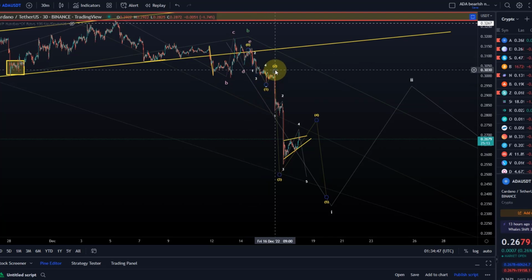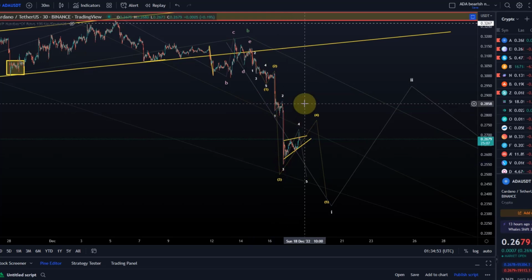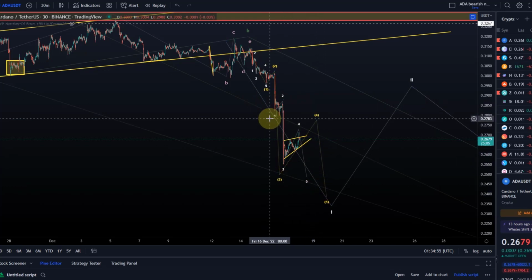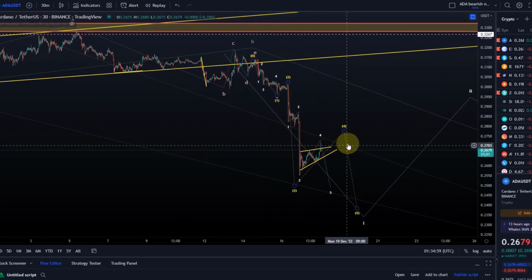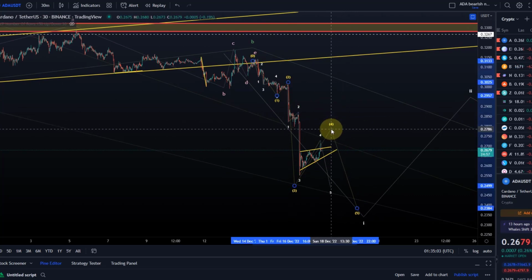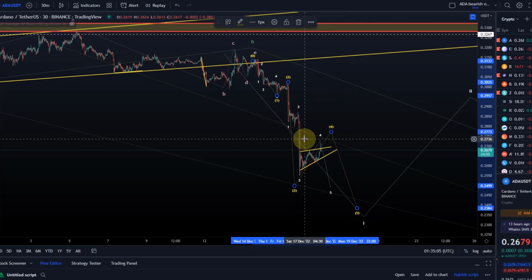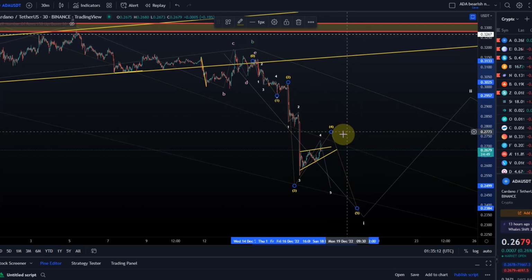Then here the wave 2 anyway, ABC, then the wave 3 would be ABC. Then the wave 4 would also be an ABC and we would come down. So there are possibilities to construct it. If it is this wave 4 and if it's a diagonal, we might look at quite a strong retracement, to be fair, but we won't really know that until we break above that 27 cent level. But overall, for me, the trend is clearly still down.